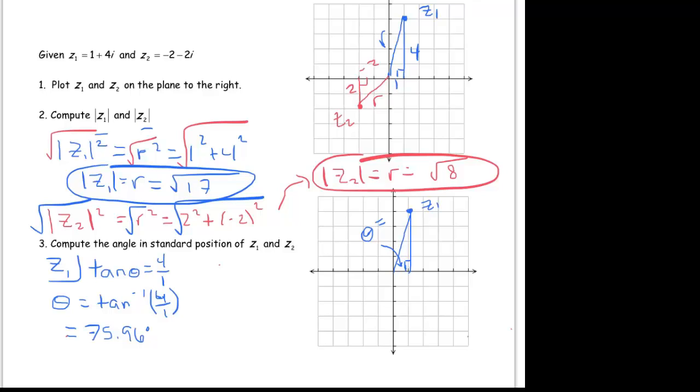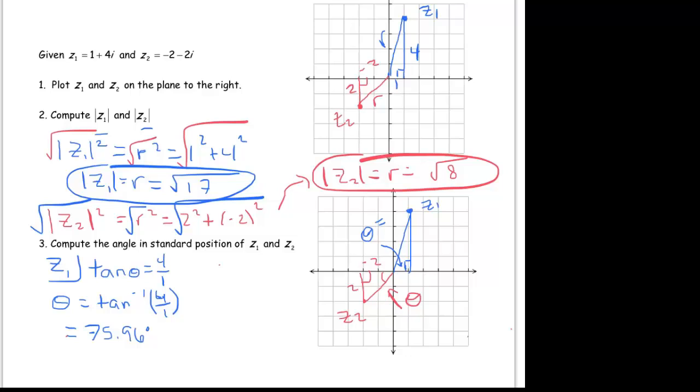And for z2, we actually don't need to do any work because, I mean, there's the angle we're sort of interested in, at least in the immediate future.